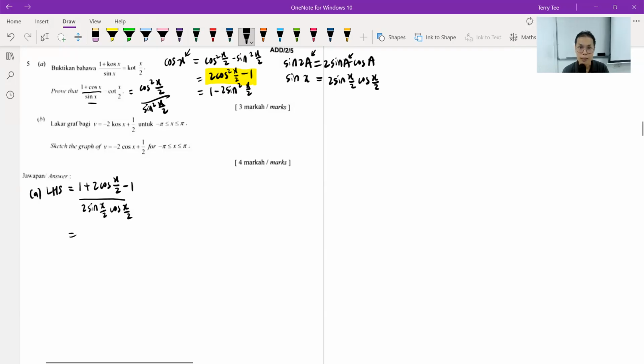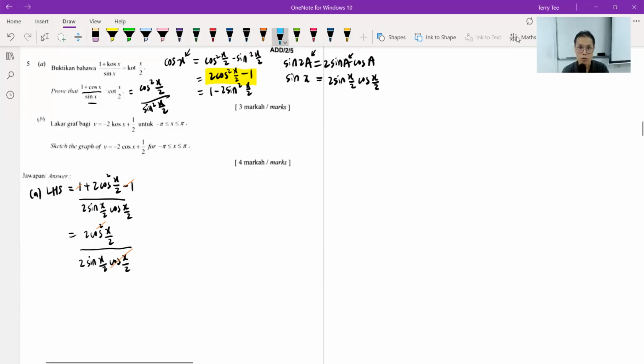The 1 minus 1 I can cancel. This one I can cancel, see? Can cancel them, right? I'm left with 2 cos x over 2. Sorry, there's a square here that I missed out. Cos square here. Divide by 2 sine x over 2 cos x over 2. Can we cancel cos square and cos? Cos square and cos cancel.